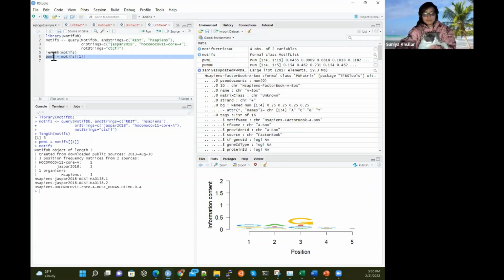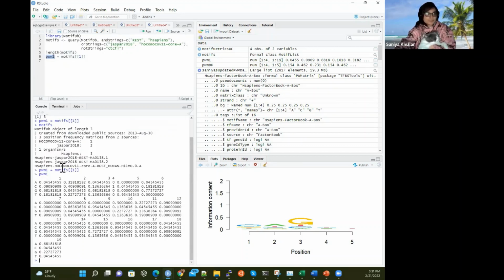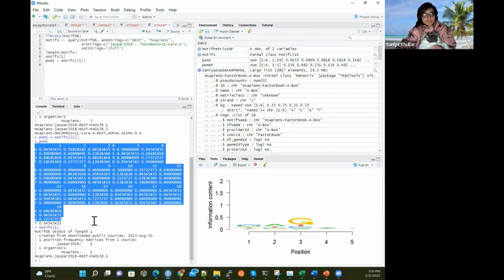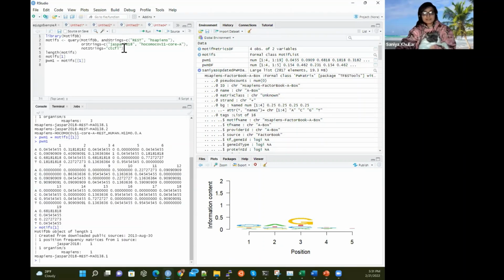And then this PWM motifs 1 will give us a probability weighted matrix for the first one, because motifs 1 is an object here. Motifs 1 is going to tell us about the first motif, which is this H sapiens Jaspar REST, this thing right here. And this is the respective probability weighted matrix for A, C, G, T, the different bases here.